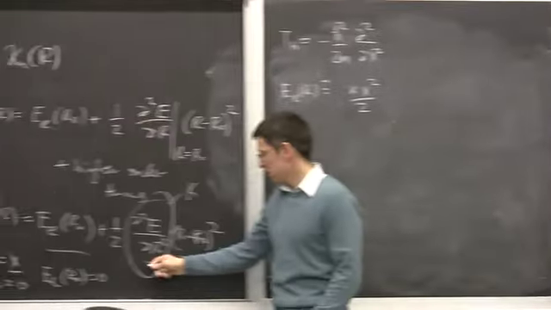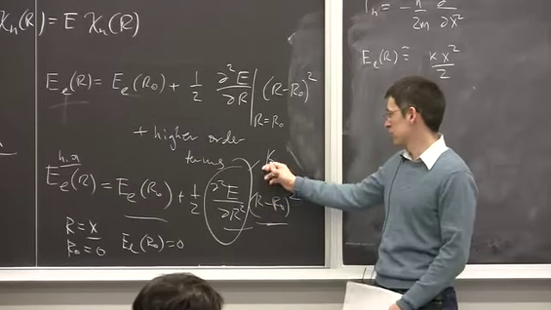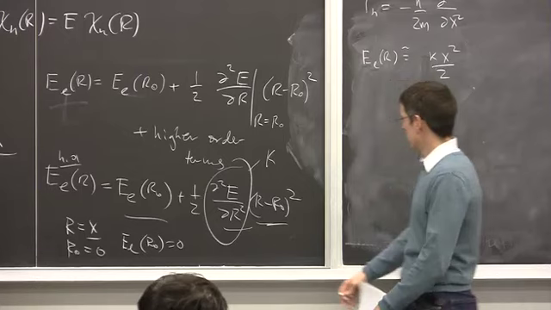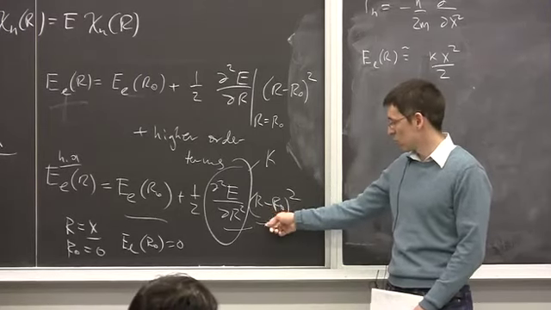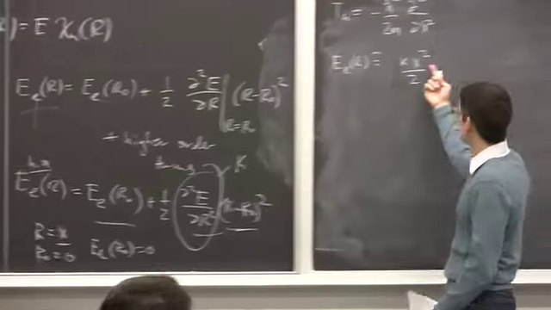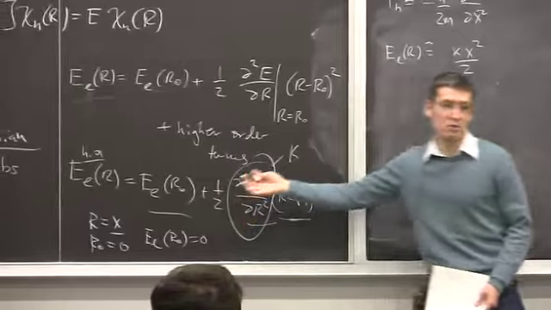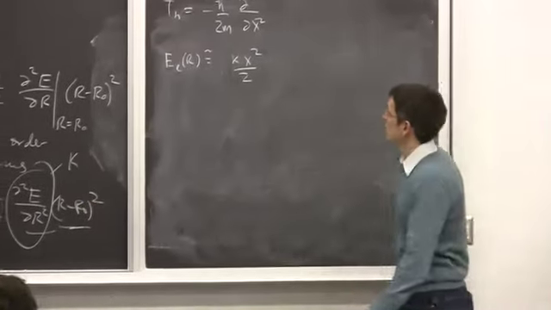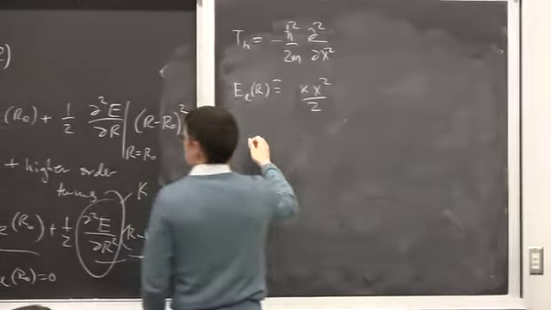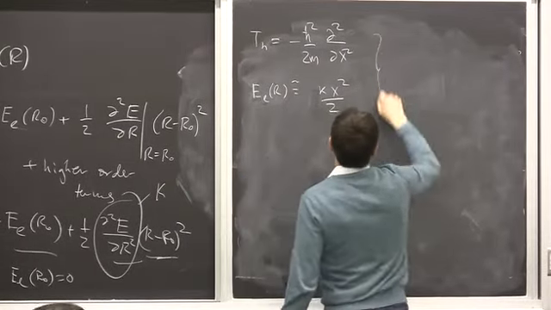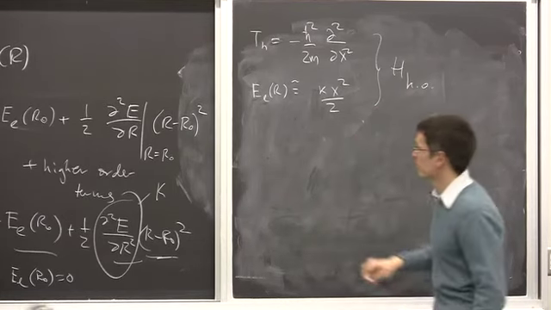Because the second derivative in the one-dimensional case is not a matrix, it's just one constant. We will denote that constant k. This difference will be x minus 0, which is x squared. So we have kx squared, and there is this coefficient 1/2 that comes from the Taylor series expansion. So we got the problem because we now have a Hamiltonian, which is called the harmonic oscillator Hamiltonian.